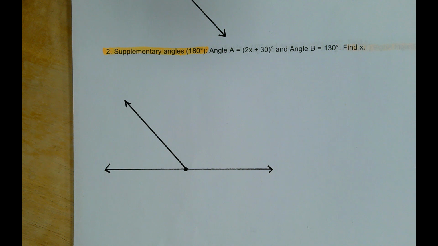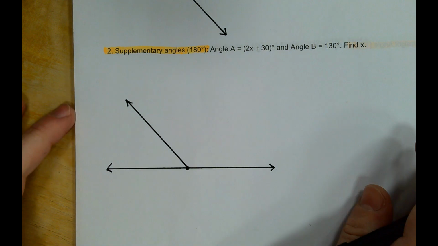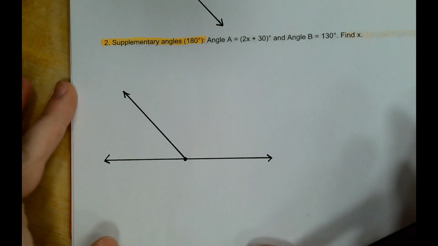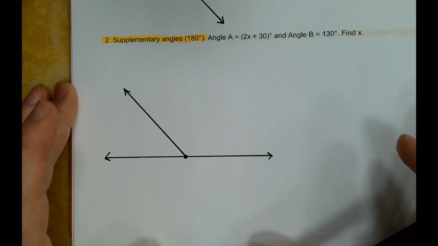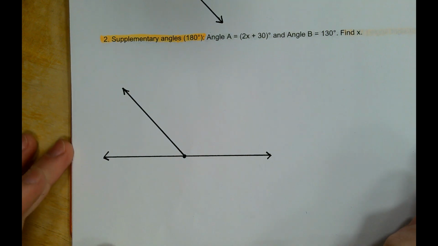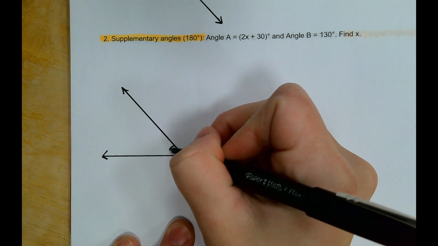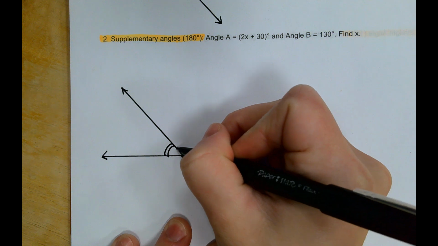It just depends on how we label it as which one's A and which one's B. I'll let you get your drawing done first, and then we'll talk about the rest of it. Go ahead and put some arcs in here.